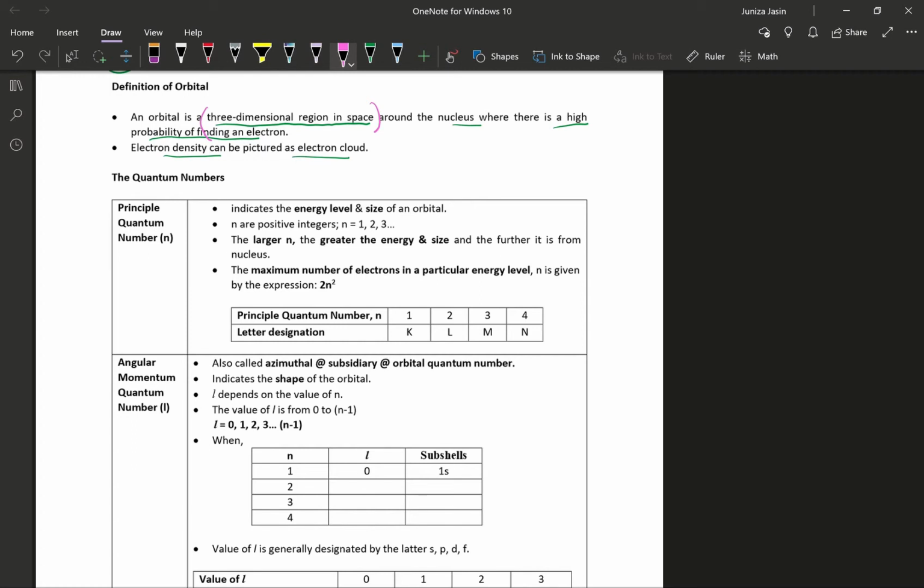So kiranya orbital ni adalah satu kawasan di sekeliling nukleus tu yang kalau kita nak cari elektron, di situ tinggi probability untuk kita jumpa elektron. So this electron density can be pictured as cloud. So kita bayangkan dia macam cloud macam ni. So kalau cloud dia macam ni, jadilah shape spherical tadi. Kalau cloud dia macam ni, elektron tu berada di cloud macam ni, so maksudnya jadilah dumbbell tadi.